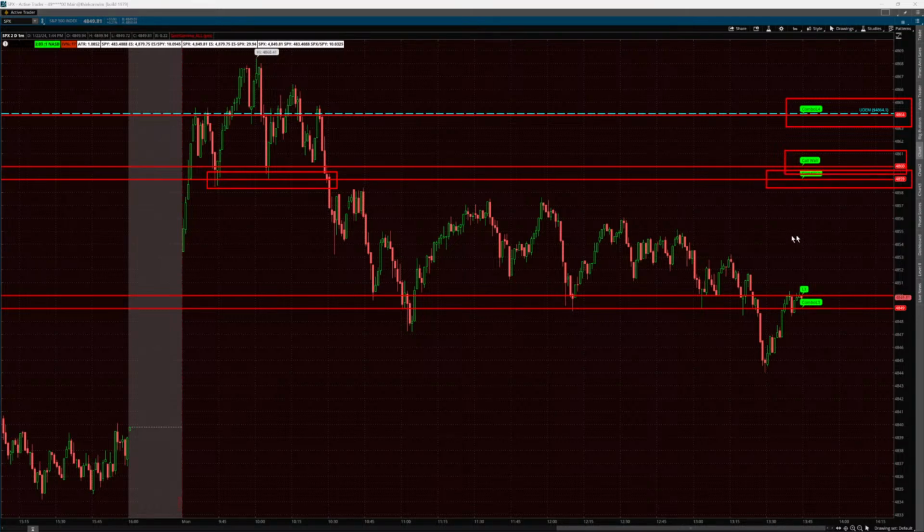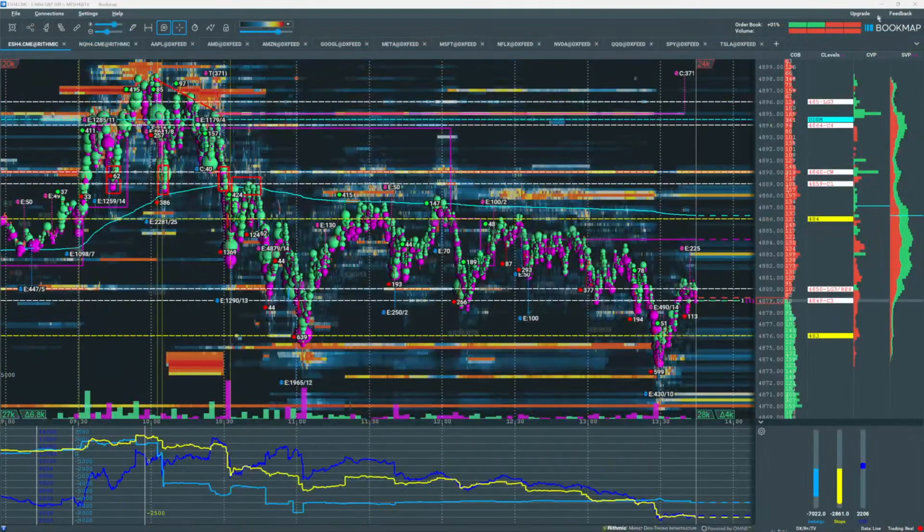That was kind of a flip level for today, acting as support and resistance. All right, so now SPX is trading below its call wall. All right, let's take a look at Bookmap now. In Bookmap, I have my own cloud notes.